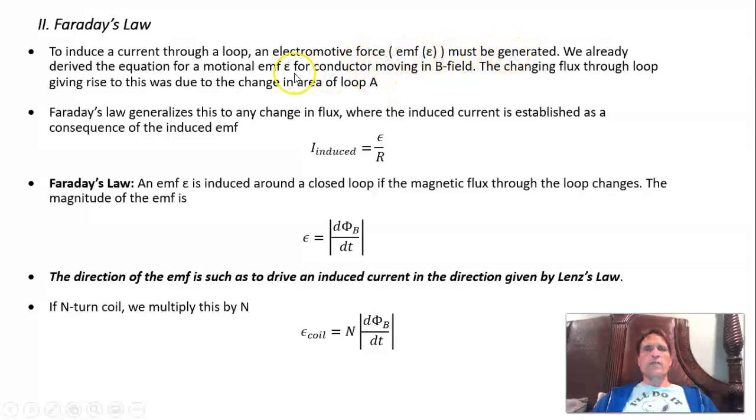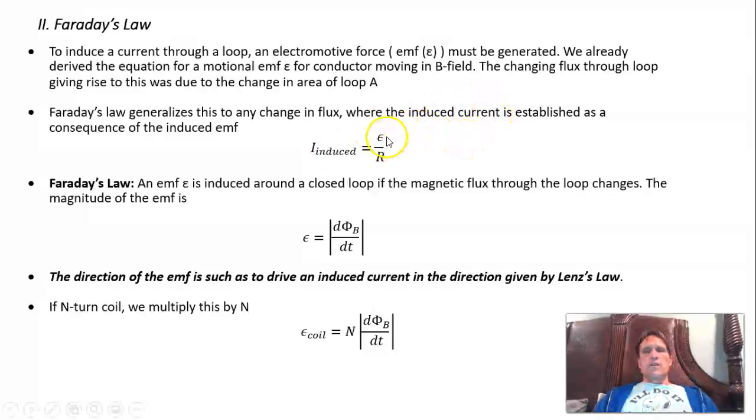Okay, we already derived this for motional EMF, the conductor moving in the field. Now we're going to generalize this, okay? So Faraday's law basically generalizes this induced current to any change in flux: changing magnetic field strength, changing area, changing angle. Okay.